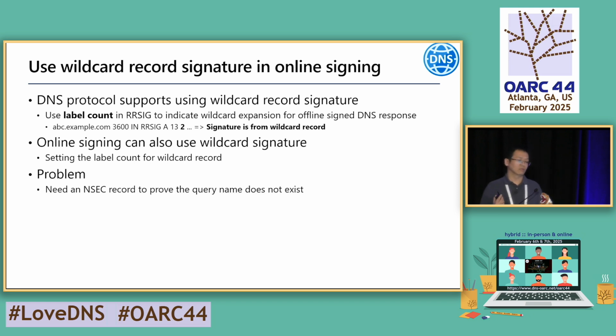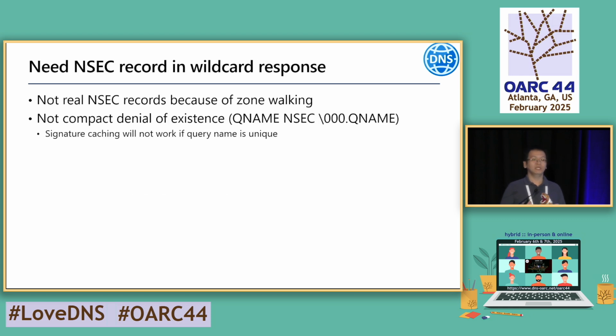However, we have another problem now. Here the server says I don't have the record, so the answer is from wildcard expansion. So the server has to provide an NSEC record to prove that answer. Here we need an NSEC record in the wildcard response.